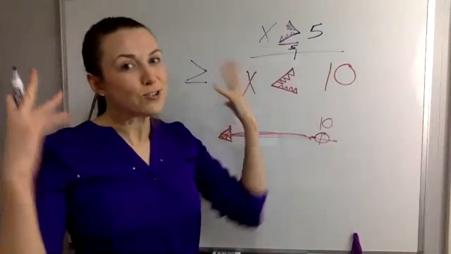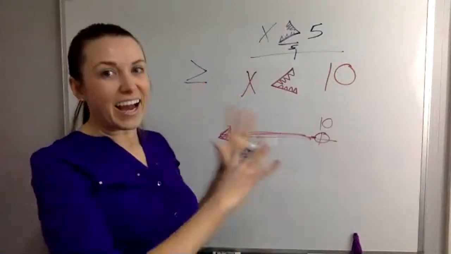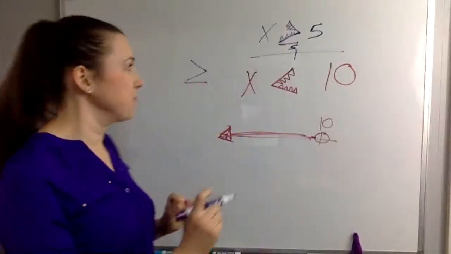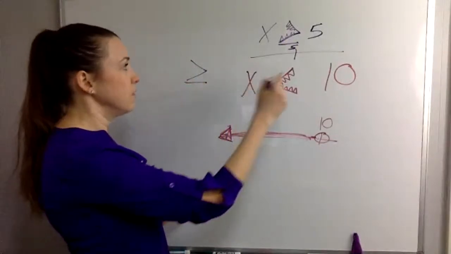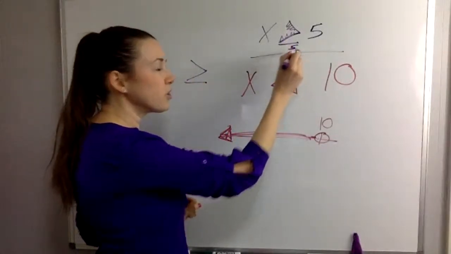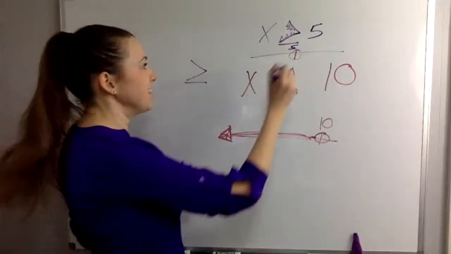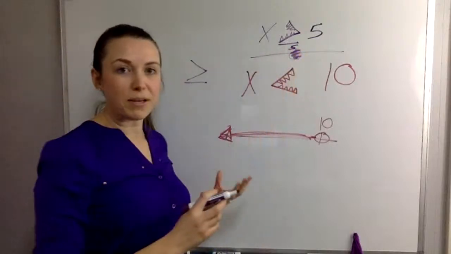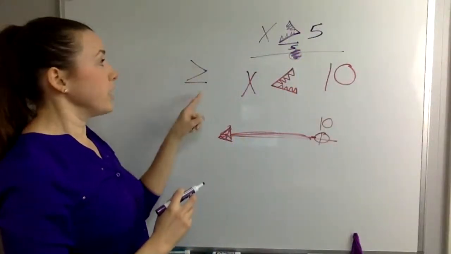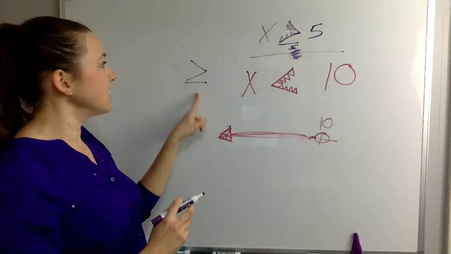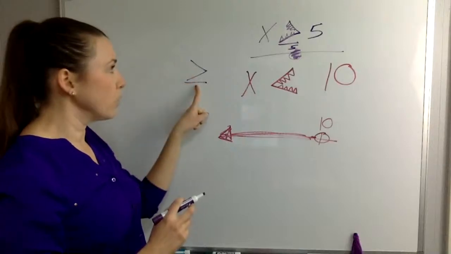So if you have to do a circle and highlight it, here's my trick. Two steps. I'm going to draw a circle, step 1, and then I'm going to fill it in because that means it's or equal to.